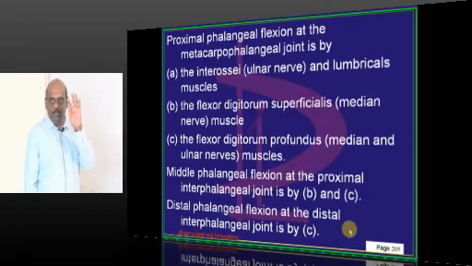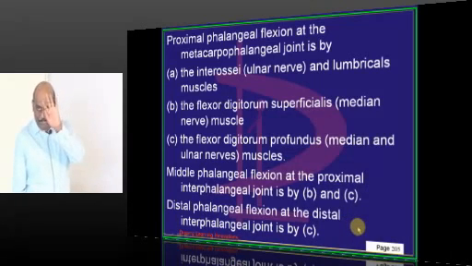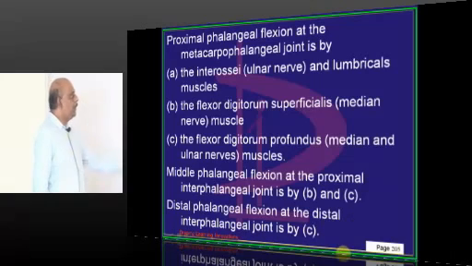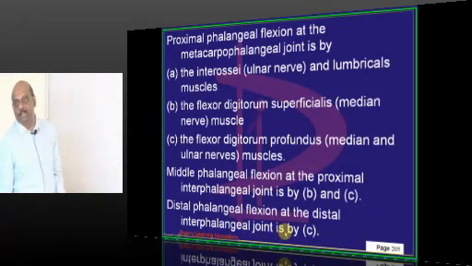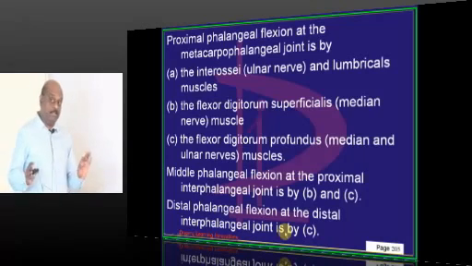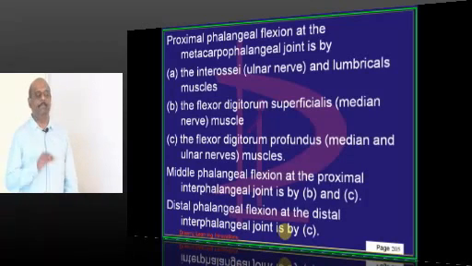But middle phalangeal flexion at the proximal interphalangeal joint is only by the flexor digitorum superficialis and profundus. At the distal interphalangeal joint, it is only by the flexor digitorum profundus. So this rule you have to remember. Definitely they will ask a question. So where are the lumbricals involved, doctor?